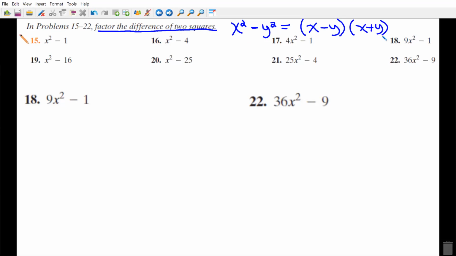It's important for you to remember that if I ask you a question and you answer, I can be sure that you understood or not. But if you don't answer, guys, I don't, right? Okay, what can you see in exercise 18? 9x squared minus 1. Now, will this be the same as 3x squared minus 1 squared?